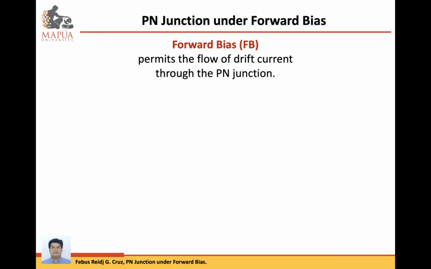So under the equilibrium, since we do not have any voltage, electron flow uses the diffusion mechanism. While when we apply bias, it means we are applying voltage. So the movement of carriers will now depend on the drift current. Okay? So forward bias, the application of voltage permits the flow of drift current through the PN junction.